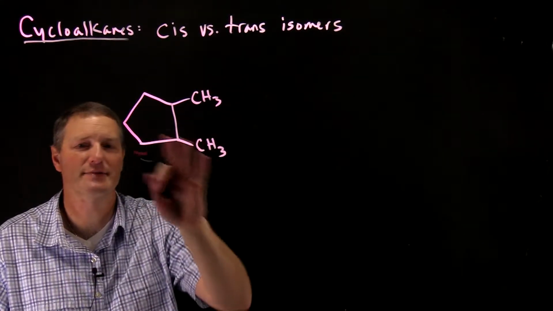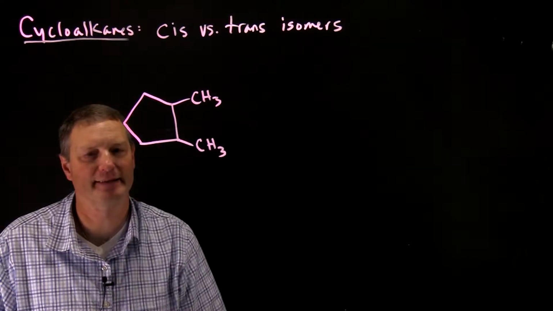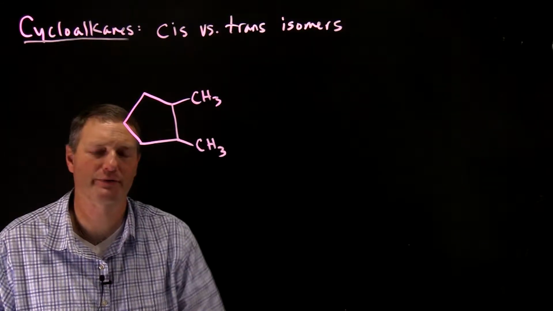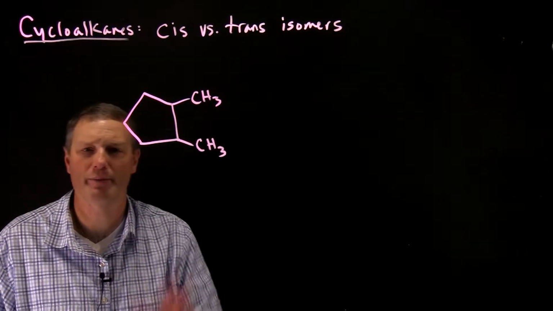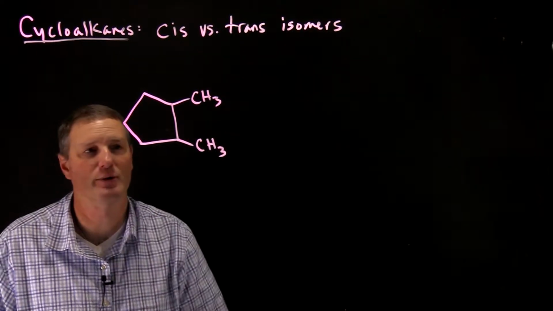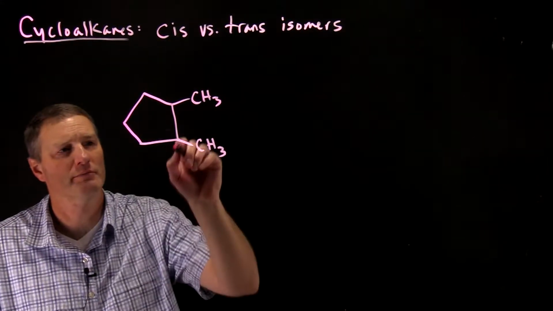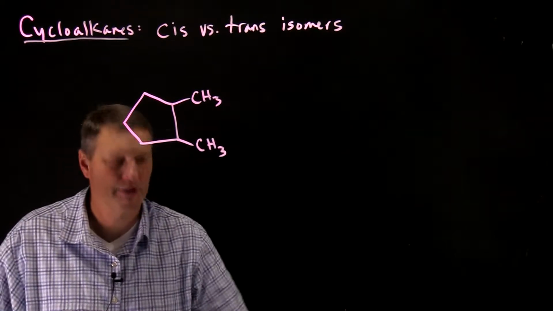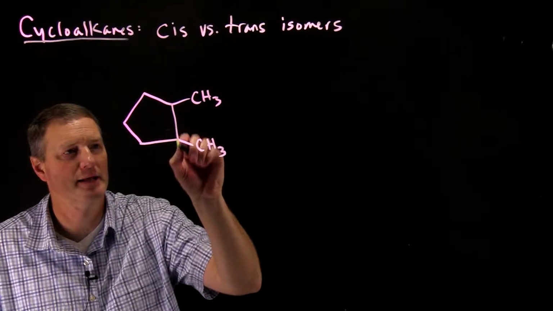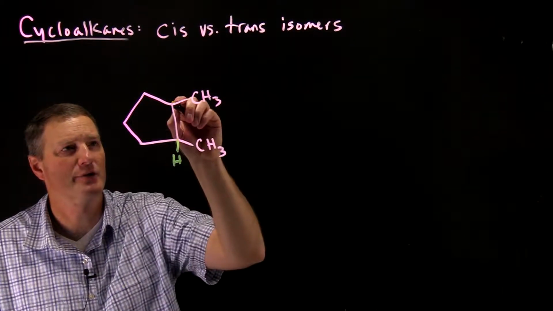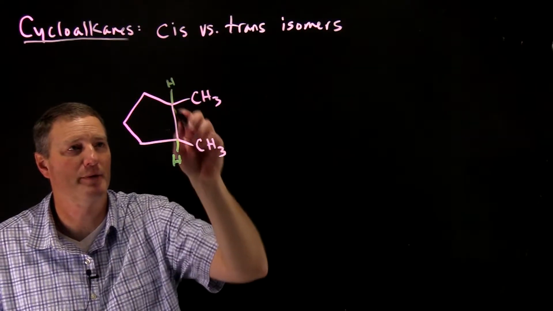Now, in this type of drawing, it's kind of hard to see that, but I'm going to draw it in a slightly different way that will help illustrate the fact that this can exist as two isomers. Now, just for argument's sake here, let's put in the two extra hydrogens that would each be at carbons 1 and 2.